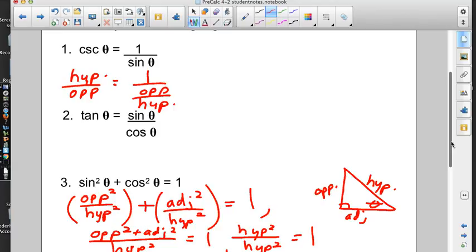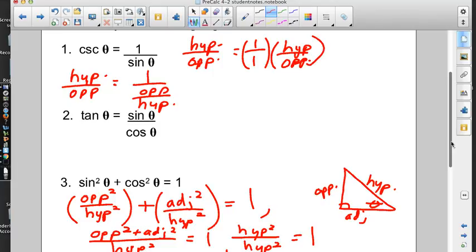Then to figure out what 1 divided by sine was, I took 1 times the reciprocal of sine, which is cosecant. Like so? Yeah. Okay. And Art actually did a little bit more than he needed to right here, because you could just leave this as cosecant theta, and then once you get to this point, realize, oh, that is cosecant theta, hypotenuse over opposite. All right.